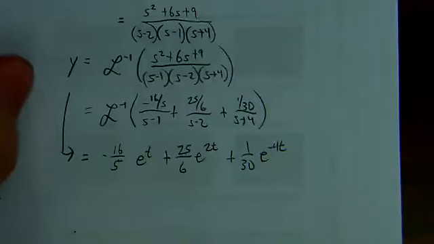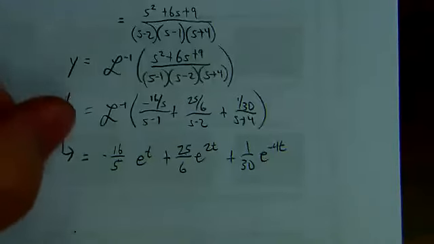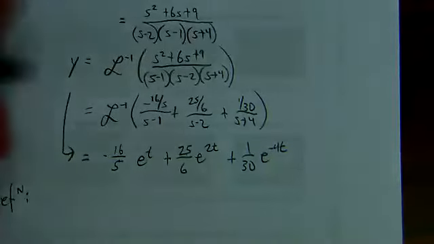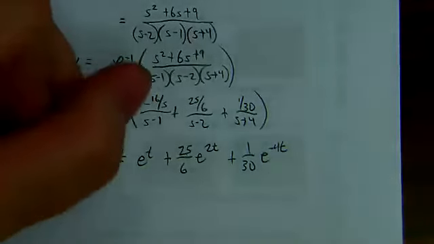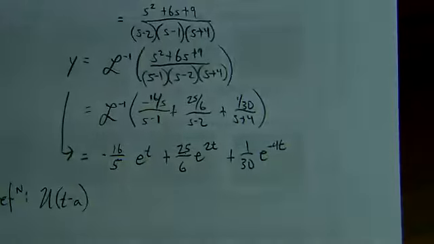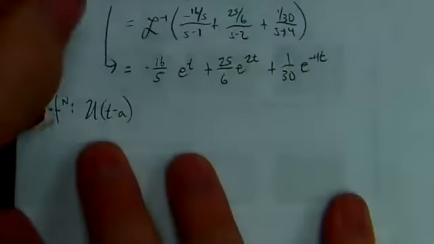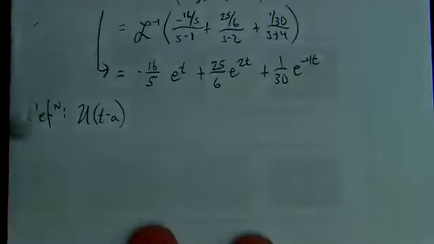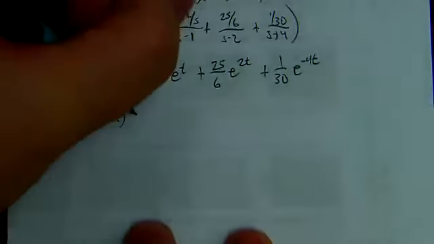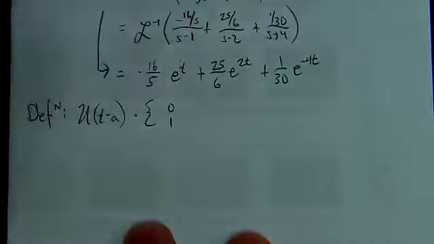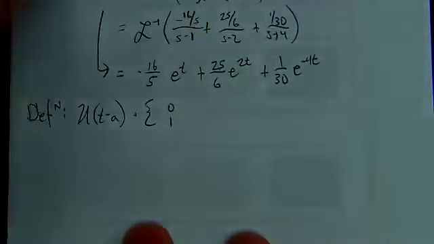One last thing I'm going to leave us with is a definition. What I'm going to define here is a piecewise function which is defined as being 0 or 1, depending on the t value.